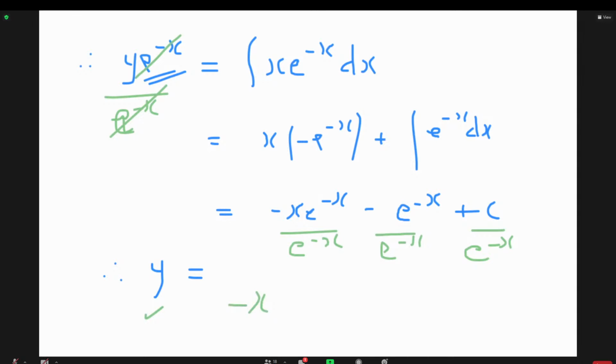The e to the, that will cancel. This will cancel. Minus 1 plus c e to the x, right? When we bring this on top, there's nothing to cancel here, so we bring it on top. All right, and of course, if it's maths you're doing, then y is equal to c e to the x minus x minus 1.